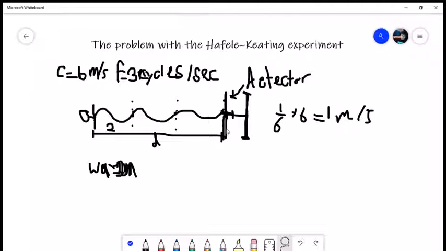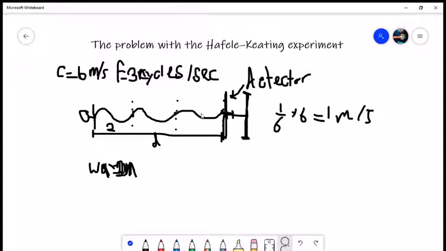If you place this whole atomic clock on the airplane, the detector will measure these 3 cycles and say that 1 second has passed, but more than 1 second will have passed.